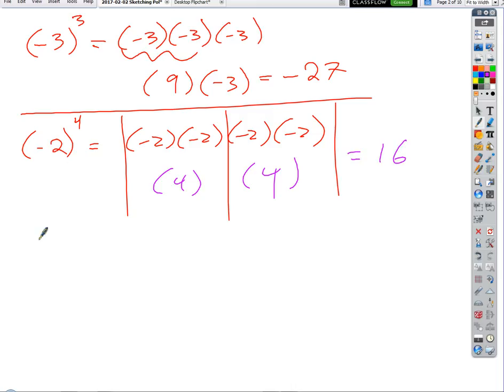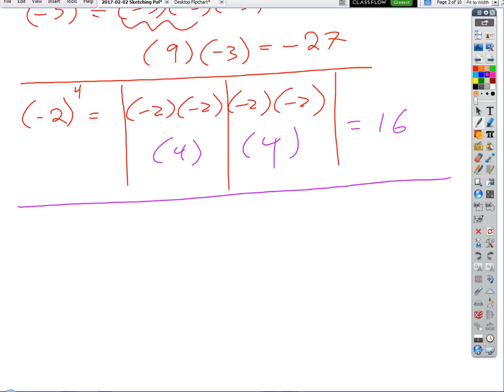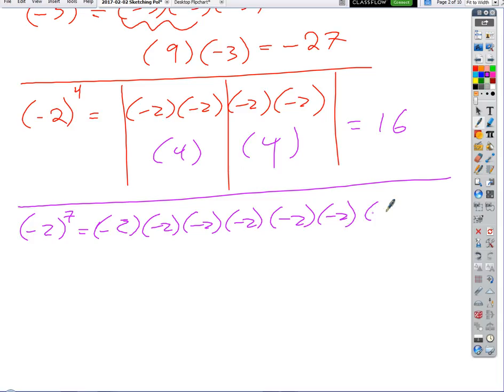Okay, but what if I do -2 to the 7th? Okay, so that's going to be -2 times -2 times -2, and so on. I can break these up into pairs.